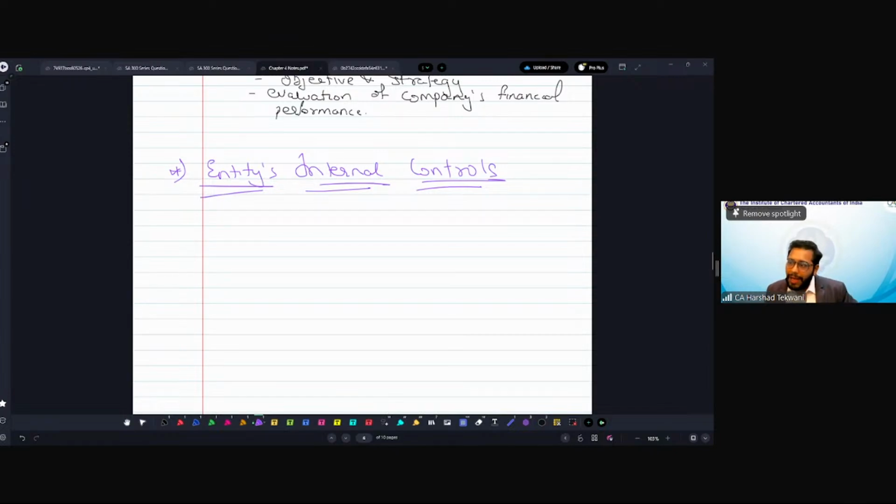Can someone tell me the levels at which internal controls can operate in an organization? When I say organization level, I mean the hierarchy level in the organization. Can someone give me the classes or types of internal control? Managerial controls and operational controls. Okay.